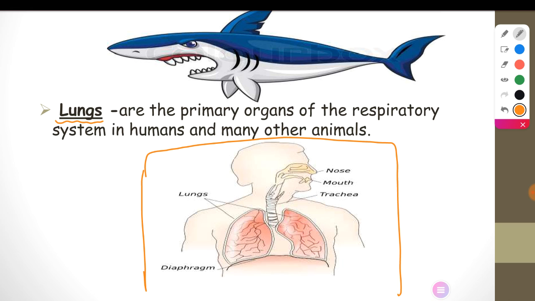Lungs are the primary organs of the respiratory system in humans and many other animals.